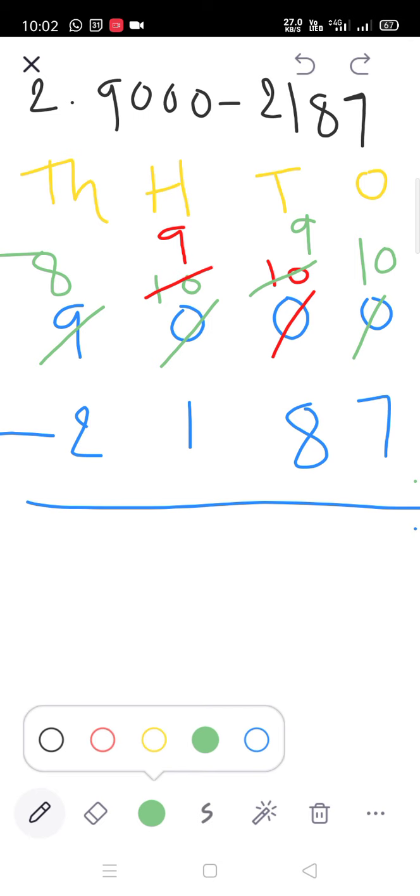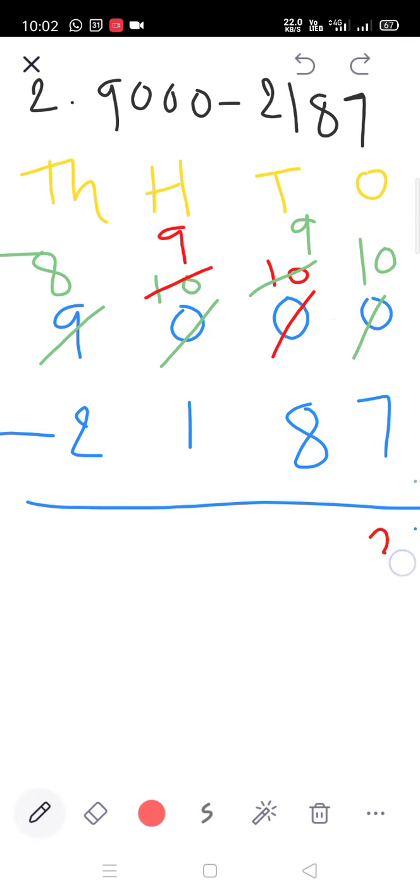Now start the subtraction from the ones place. So here 10 minus 7, 3. Then 9 minus 8, 1.